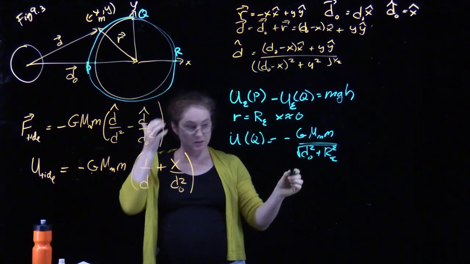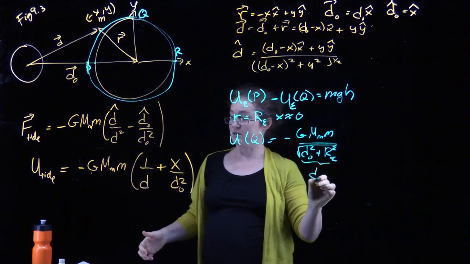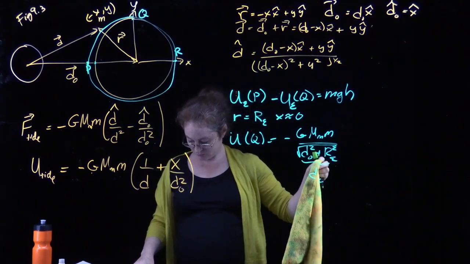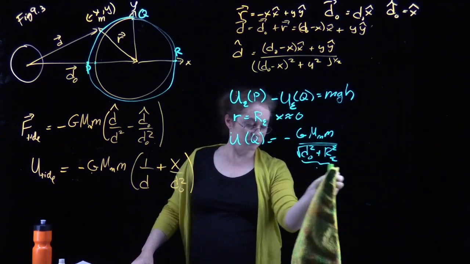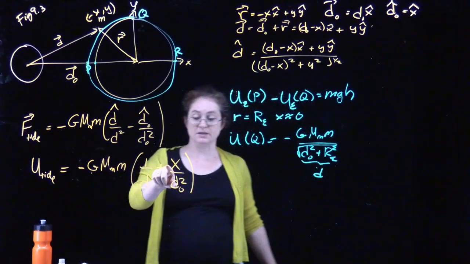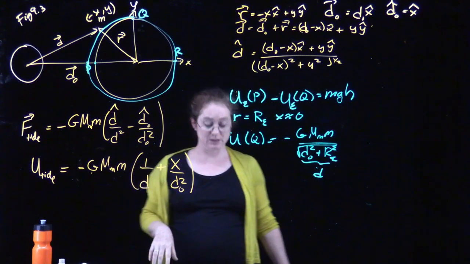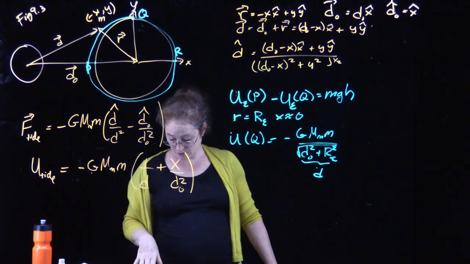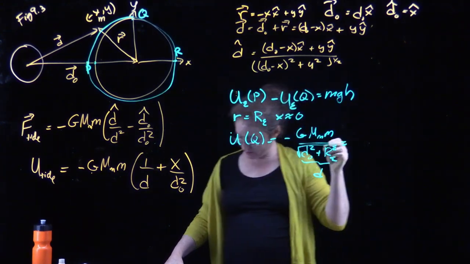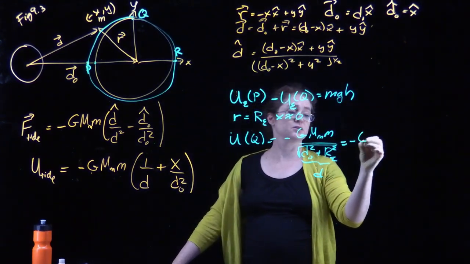And this thing is just d. And the reason for that is that this x is 0, so we're only left with that term. Now, we will do what all good physicists do and take a Taylor series.